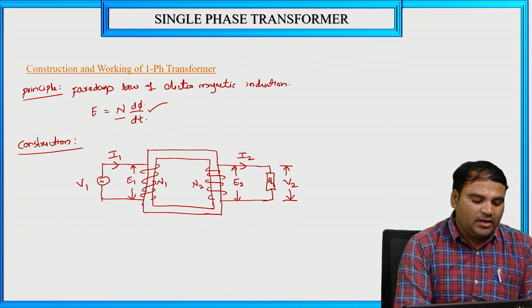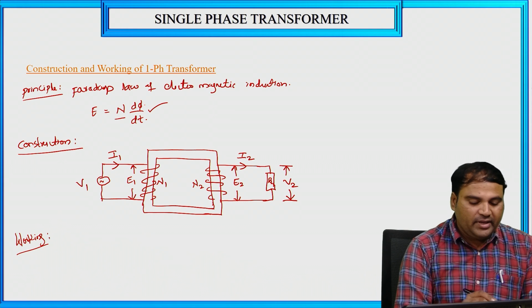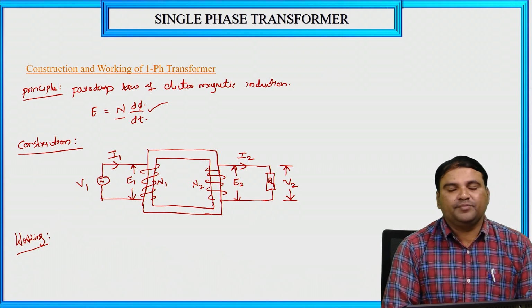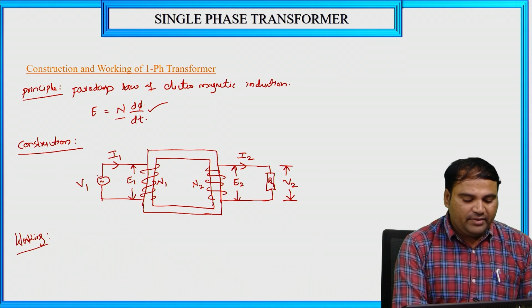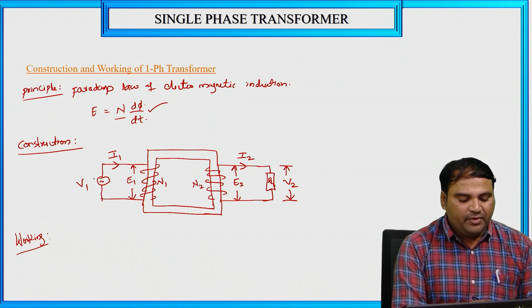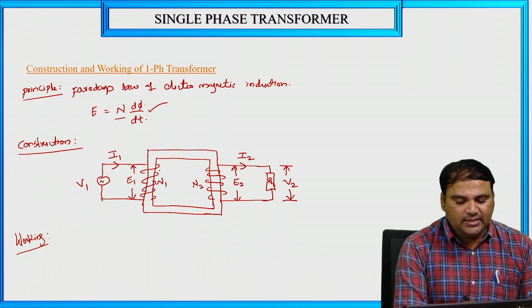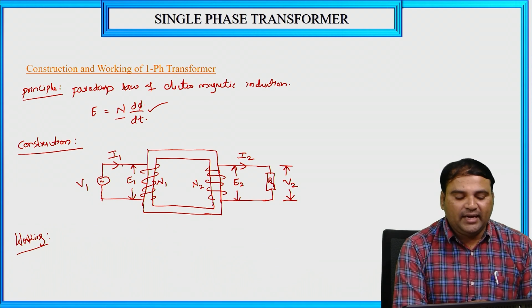Now, working. What is the working of a transformer? We are giving the AC supply here. When we give the AC supply, the electrical current passes through the primary winding.